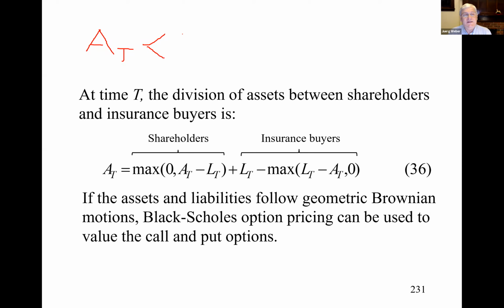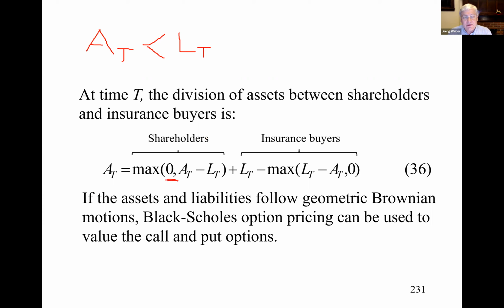The assets are less than the liabilities. If the assets are less than the liabilities, then AT minus LT in the call option at the beginning becomes a negative figure. So that's now negative.